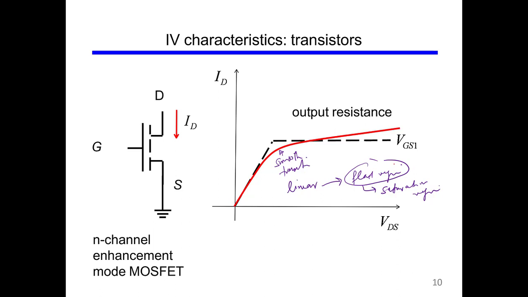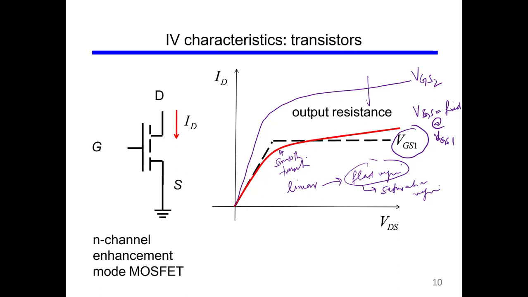So we have a smooth transition from linear to saturation region, and you see here the VGS is fixed at a certain value, which is VGS1. If I take another VGS, let's say VGS2, then by changing VGS, the curve can move up and down.